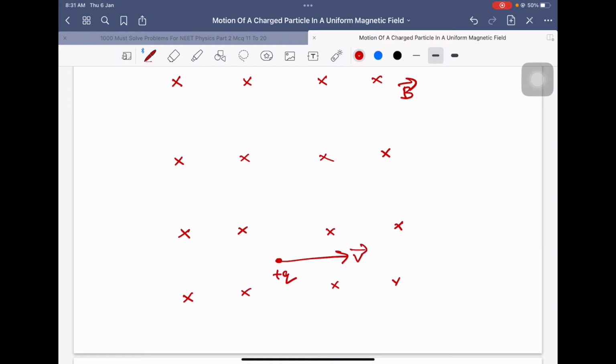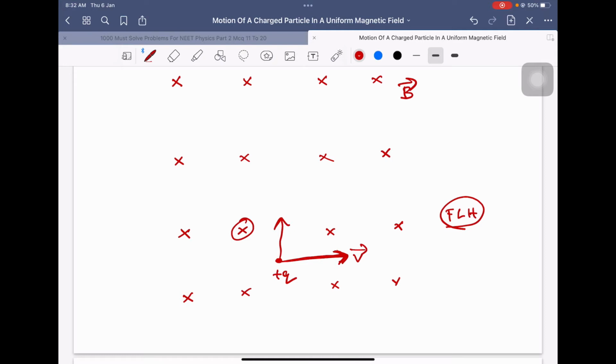Now what happens? According to Fleming's left-hand rule, the forefinger gives the direction of magnetic field, that is into the plane of the paper. The central finger gives the direction of velocity of the positive charge, and then the thumb shows the direction of force acting on the charge.